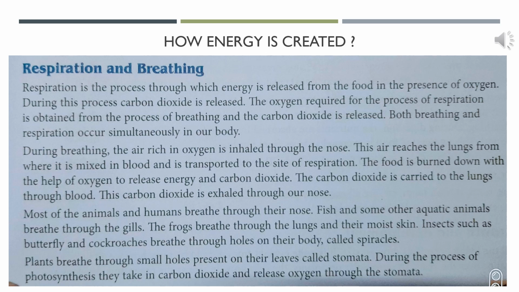The cell will burn the nutrition and energy will be released. But when we burn something, what is released? Carbon dioxide. So this carbon dioxide has to be given out. The carbon dioxide will be given back to the blood. Now the blood will take that carbon dioxide from the cell to the lungs, and the lungs will release it.